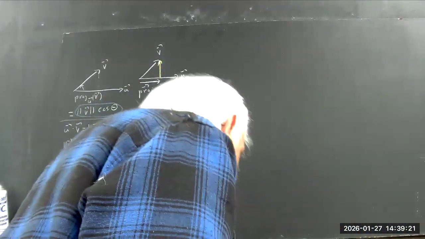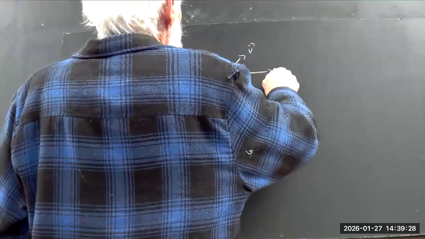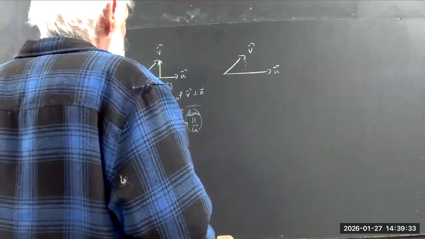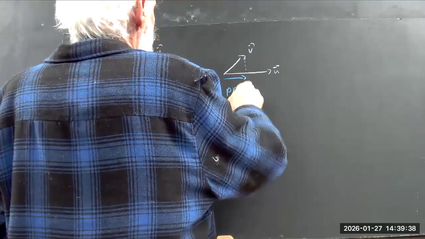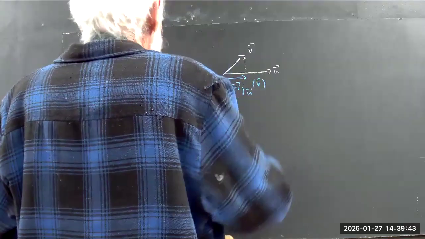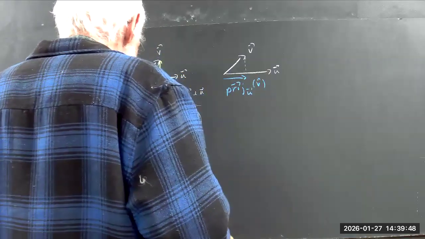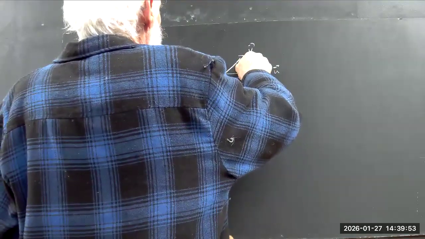And now we can draw what might be an important picture. Here's V. Here's U. Here's the vector projection onto U of V. And put it here.